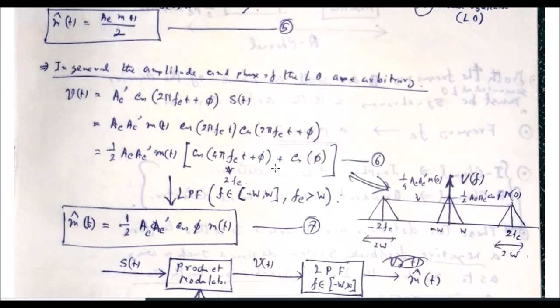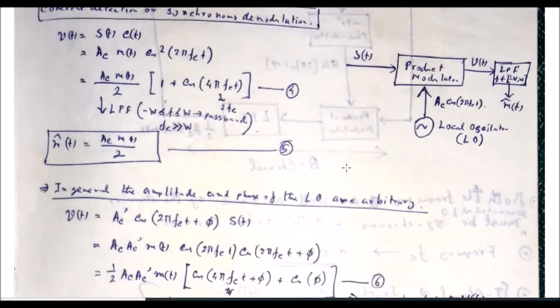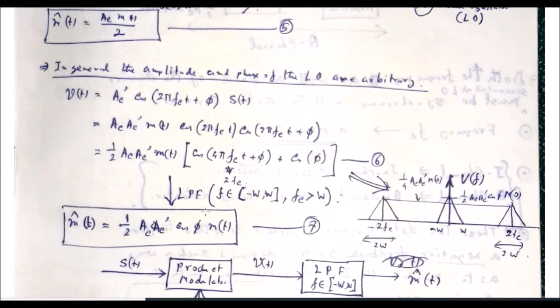But the second term, cos phi, is associated with the DC term, which will be multiplied by half of Ac A dash c m(t). Okay, so at the output of the low pass filter you should obtain this particular equation, which will be the output of the synchronous detector.